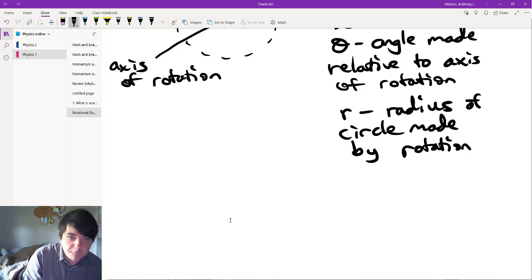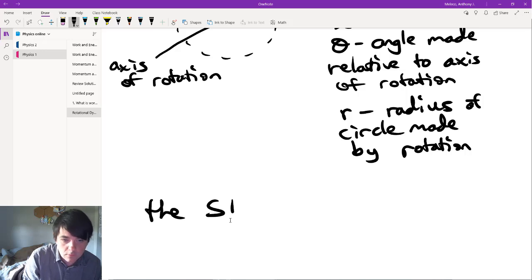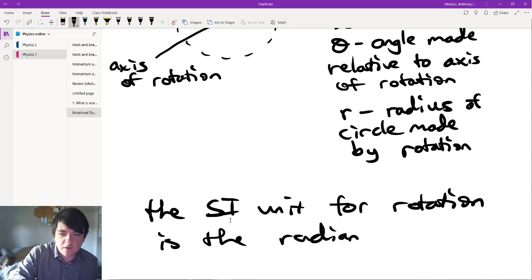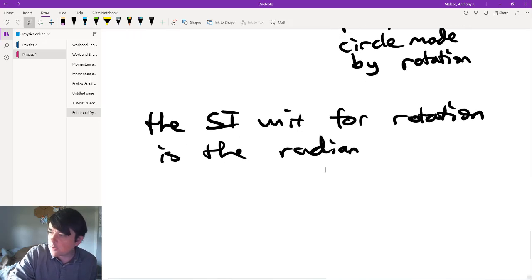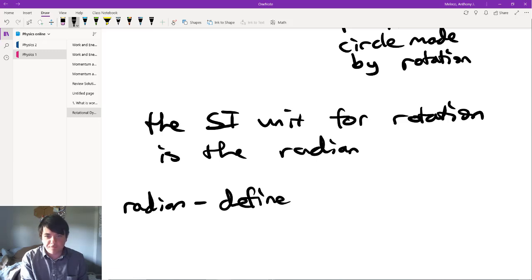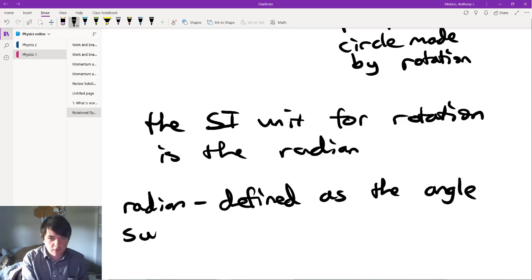So the SI unit for rotation is the radian, okay? So it's not actually degrees. It's this term called radian. So let's define it. So radian right here is defined as the angle subtended, okay?